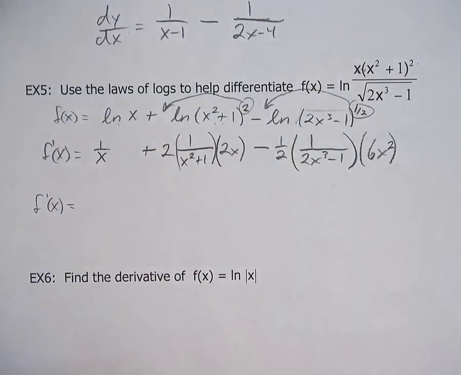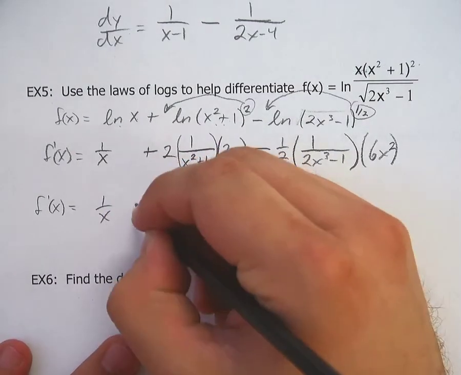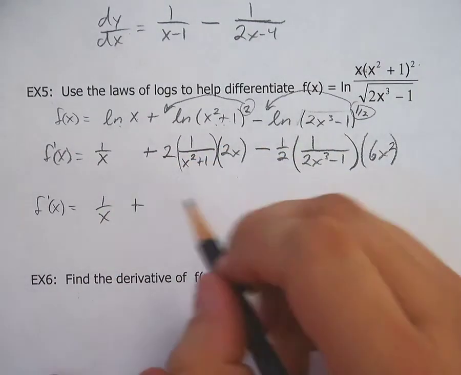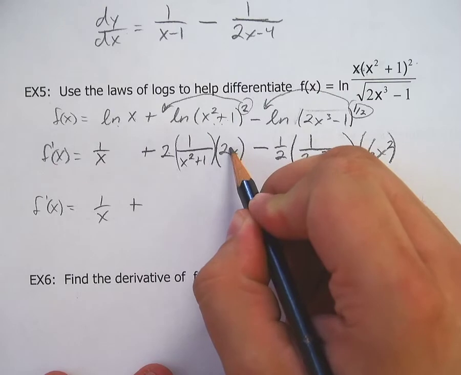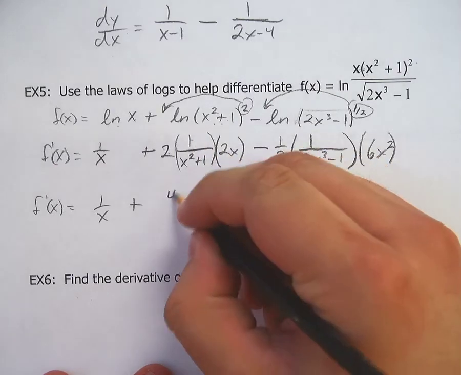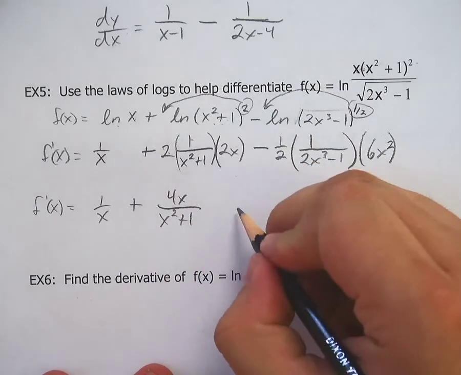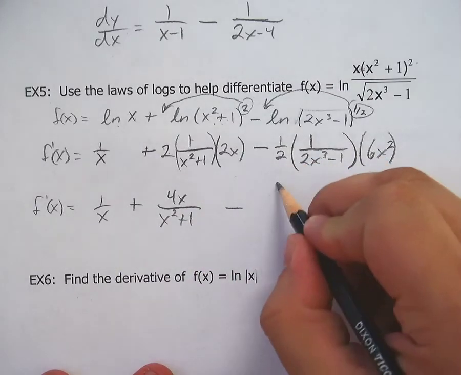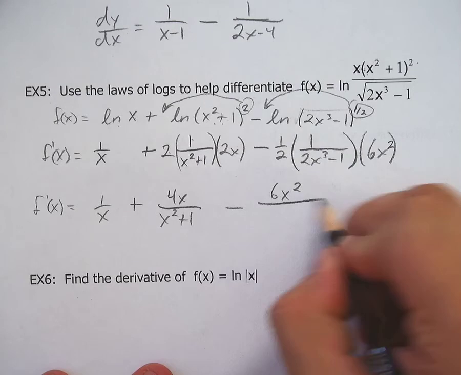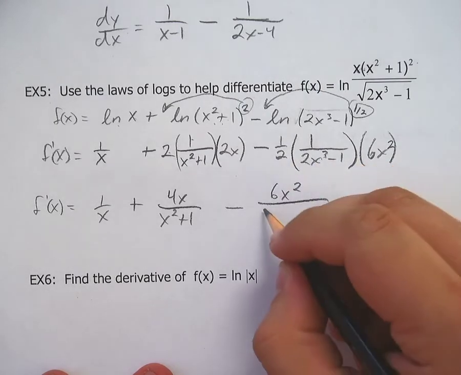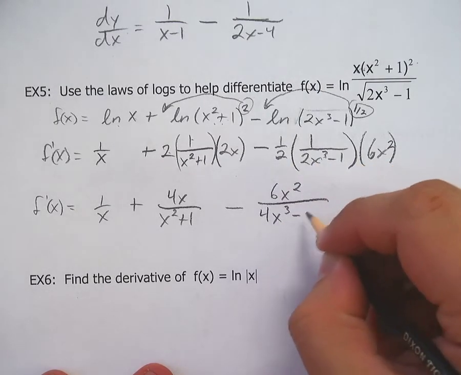So f prime of x will be 1 over x, and I'm just going to simplify these terms one time. 2 times 2x is 4x up top, plus 1, minus 6x squared over 4x cubed minus 2.